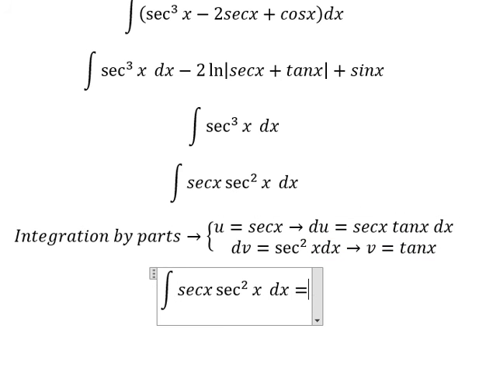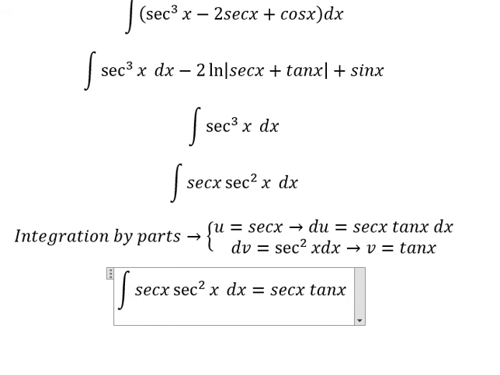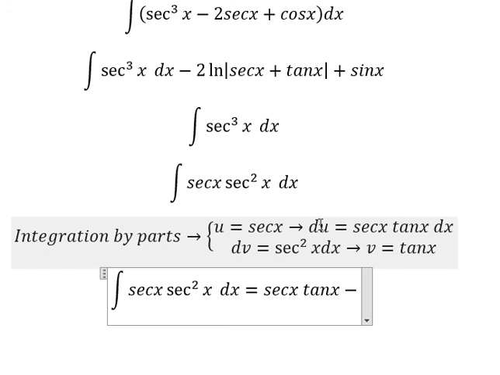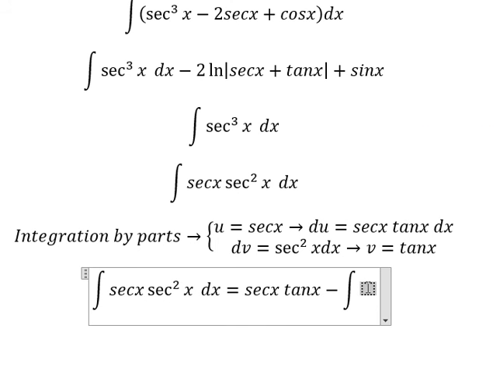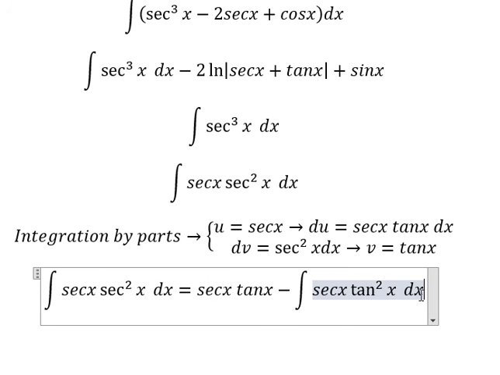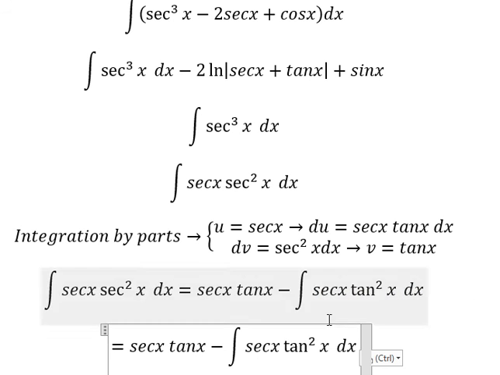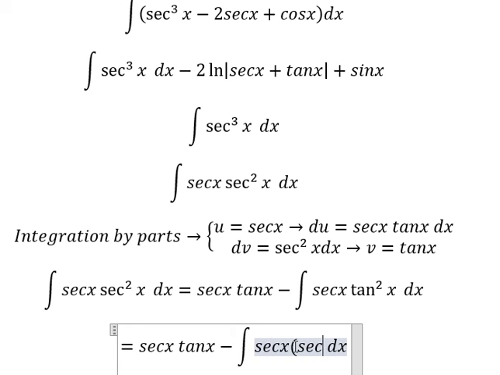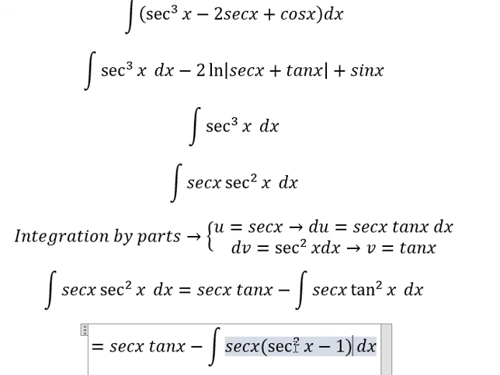So we get u multiplied by v, that is secant of x tan x, minus the integral of v du. So you will get the integration of secant of x tan x squared dx. About tan x squared, we change it to secant of x squared minus 1.